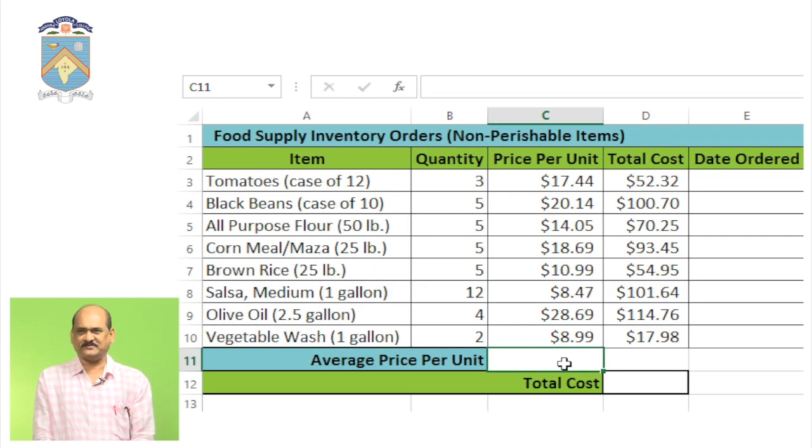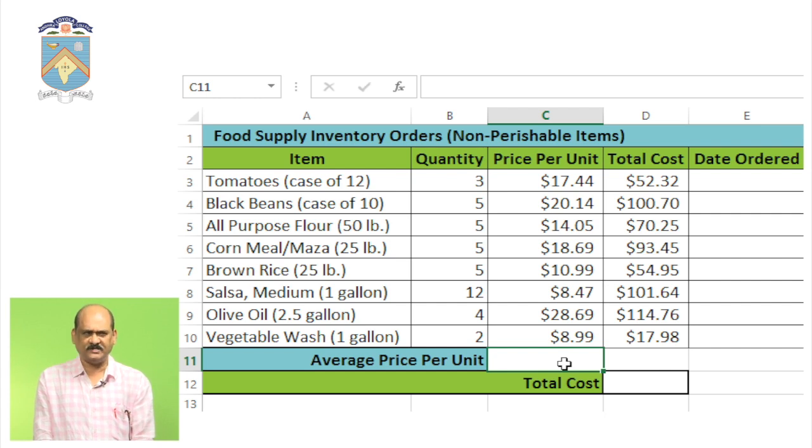And this is a big exercise. Say for example, this is a food supply inventory order sheet for a restaurant application, with non-perishable items. On the left side you see several items: tomatoes, black beans, all purpose flour, and so on. On the right side of that column you have the quantity column, expressed in kilograms or some other quantity, and the next column is for price per unit.